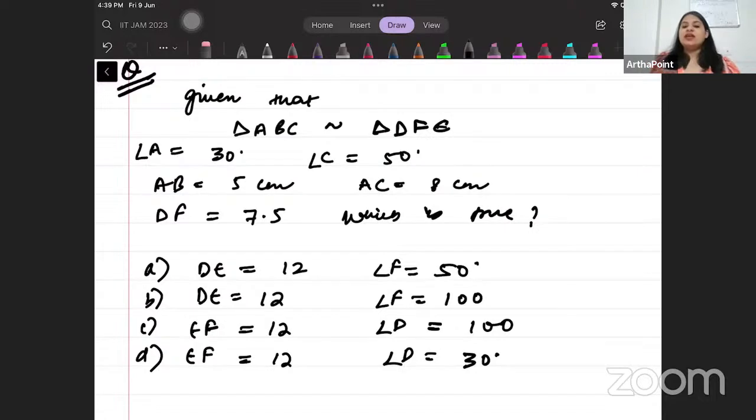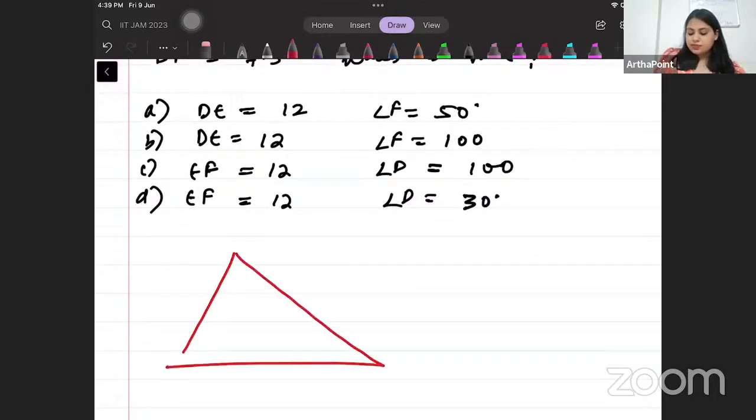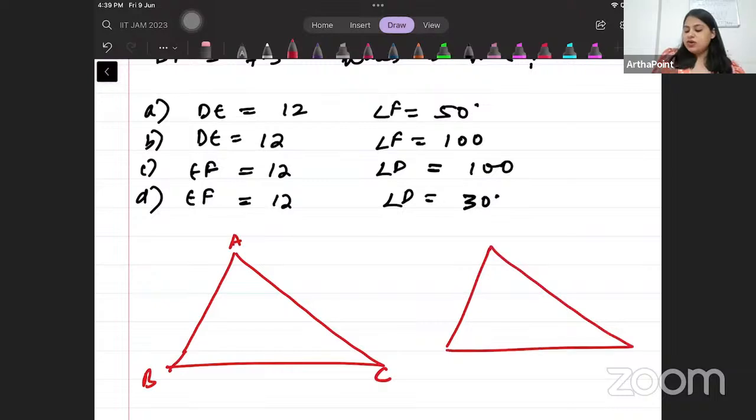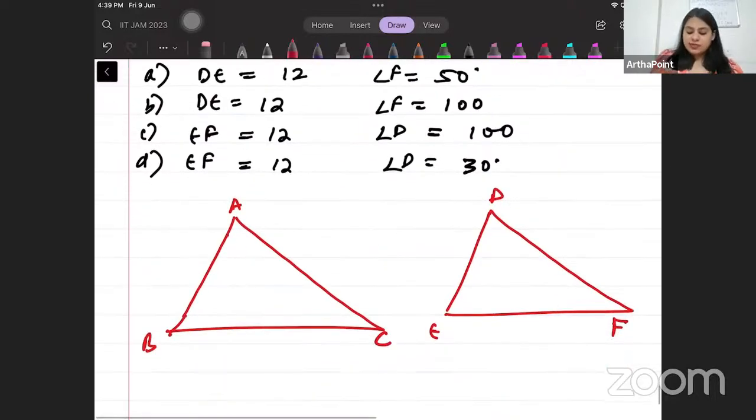ABC and DEF are similar to each other. So देख लो एक बारी जरा बेटा. ABC is similar to DEF. This is given to us. It says angle A is 30 degrees. So beta, if angle A is 30 degrees and they are similar to each other, मतलब D भी तो 30 degree हो गया.